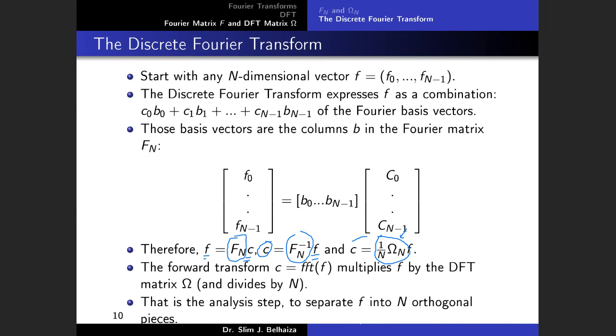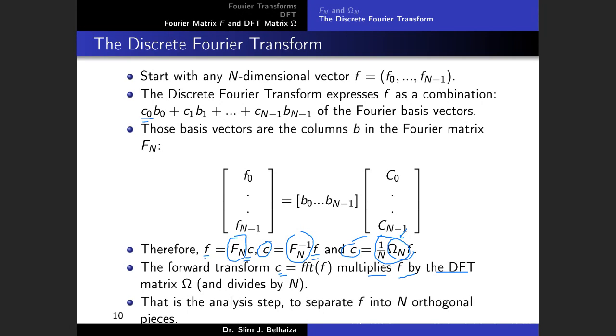So what happened here? You just wrote this n-dimensional vector as a combination of the Fourier basis vectors by the coefficients you were able to find. This is what we call the forward transform. It multiplies f by the DFT to get the c's.